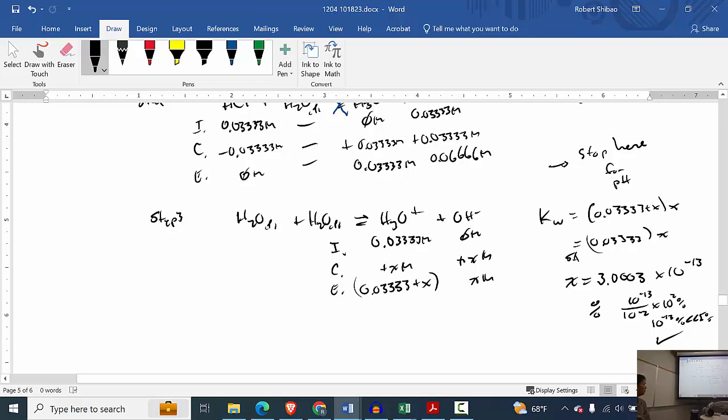So did we get much hydronium? No, we got 10 to the minus 13. In pure water, we could get up to 10 to the minus 7. But because of the common ion effect, we got 6 orders of magnitude, a million times less hydronium.